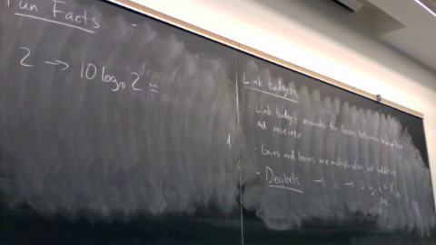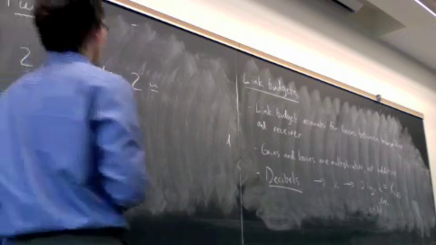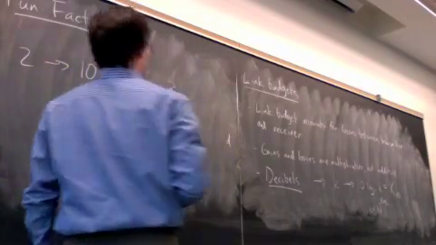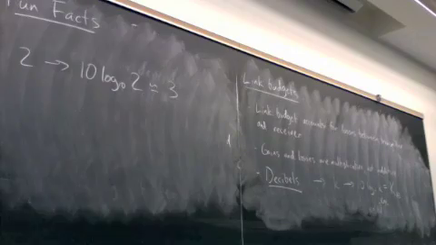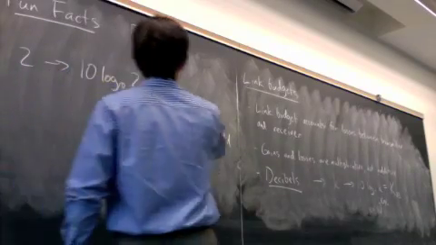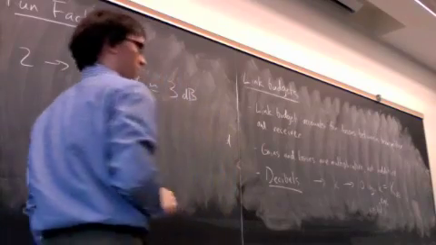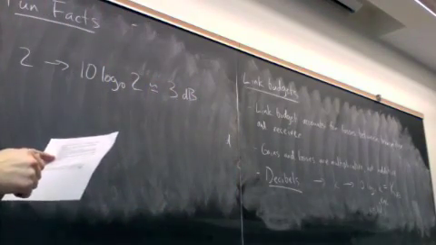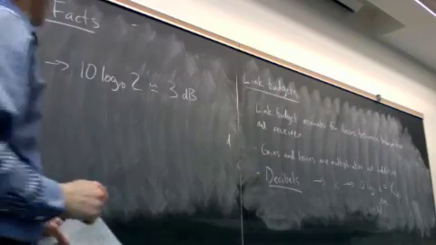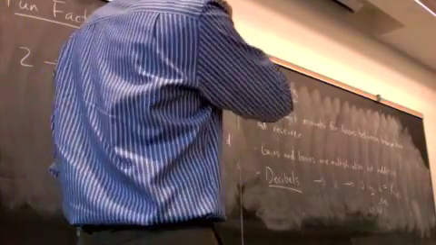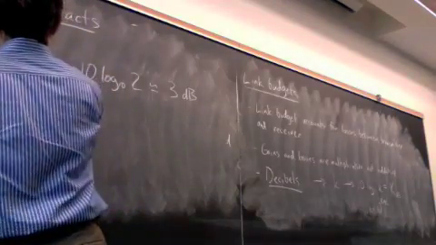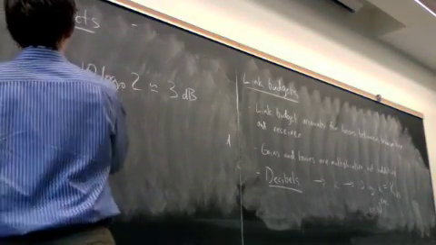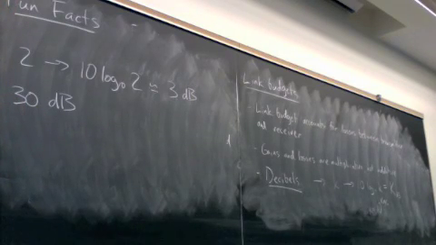It's roughly equal to 3. It's really super close to 3. So usually when we say 3 dB, we mean a factor of 2. If I give you 30 dB, what's that equal to in regular? It's 1,000.